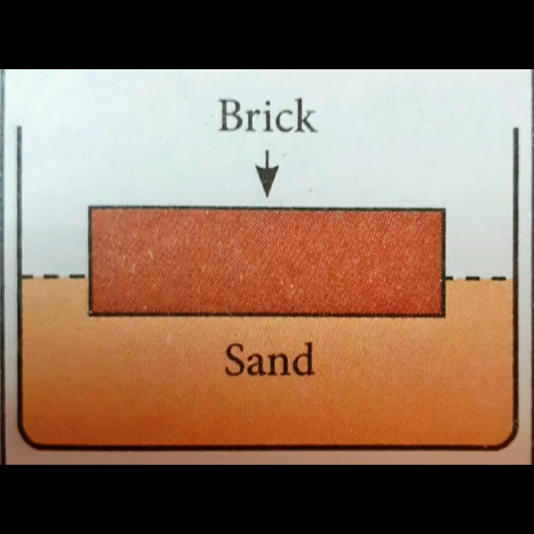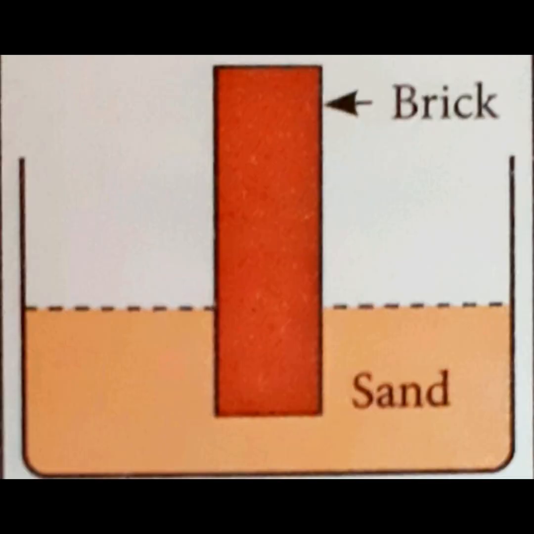Case 1. Here, the brick is placed in a horizontal position over the sand. Here, the area in contact of the brick with the sand will be more, and thus the pressure exerted by the brick will be less. Thus, the brick will leave a less deep impression on the sand. Case 2. Here, the brick is placed in a vertical position over the sand.